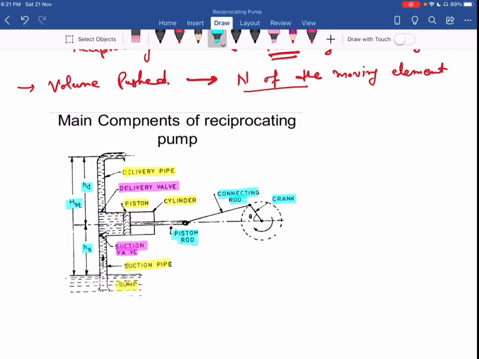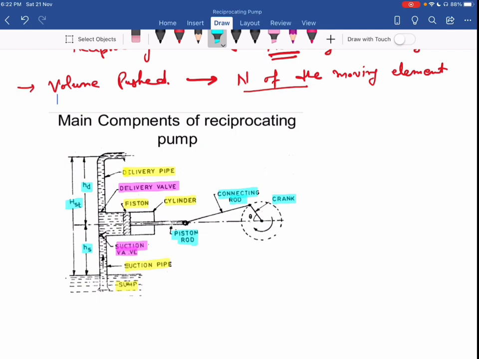Now here we have two important valves, the delivery valve and the suction valve. These are non-return valves, or unidirectional valves. In such valves, liquid is allowed to go in one direction only.